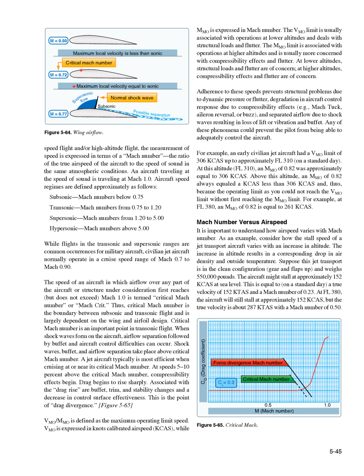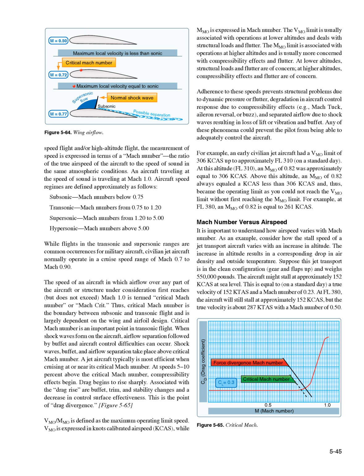Mach number versus airspeed. It is important to understand how airspeed varies with Mach number. As an example, consider how the stall speed of a jet transport aircraft varies with an increase in altitude. The increase in altitude results in a corresponding drop in air density and outside temperature. Suppose this jet transport is in the clean configuration, gear and flaps up, and weighs 550,000 pounds.